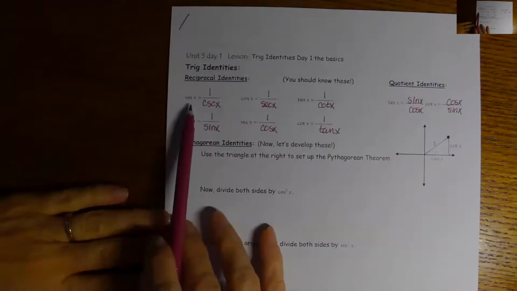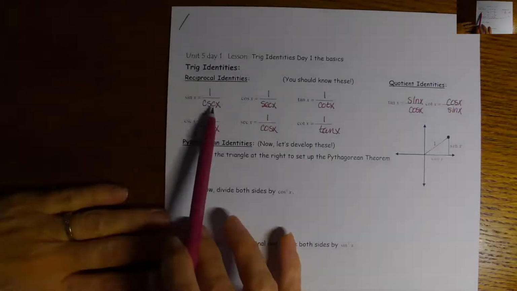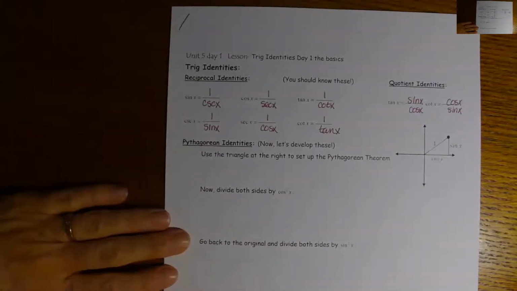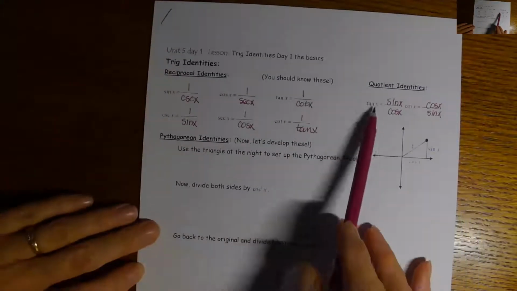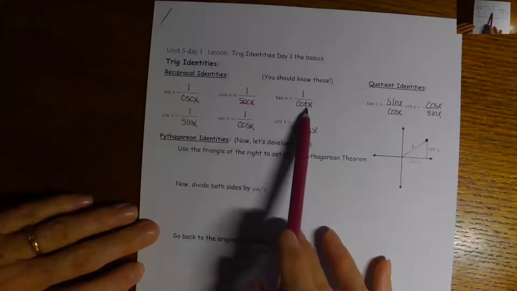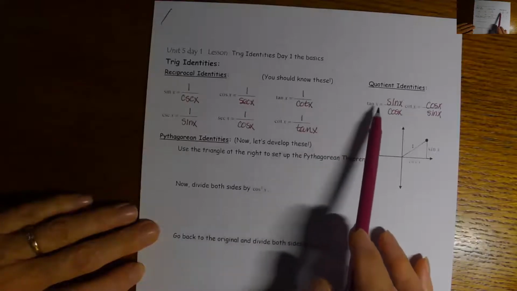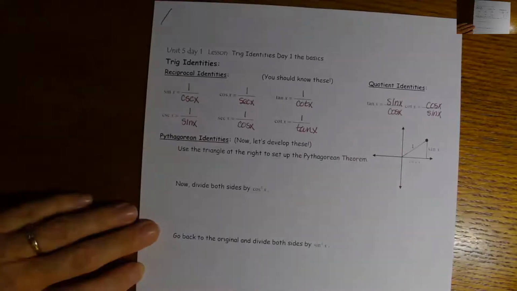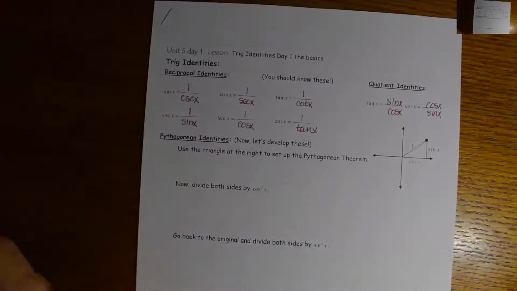So if you need to get 1 over cosecant out, sine can go in and substitute for him. If you need tangent to go out, you could either substitute 1 over cotangent, or you could substitute sine over cosine. It's all about substituting. These are identities. And what we do is we try to take something complicated and make it easier so we can handle it.